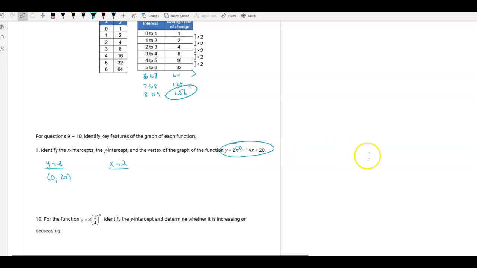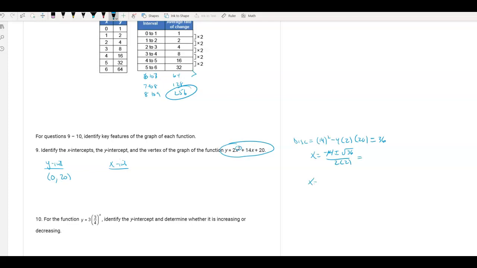Now, your x-intercepts. When we look at this, we're going to use the quadratic formula. So I have to find the discriminant. So b squared, 14 squared minus 4 times 2 times 20 is going to give me 36. Now when I plug this in the quadratic formula, the opposite of b, negative 14, plus or minus the square root of the discriminant, 36, all over 2 times 2.